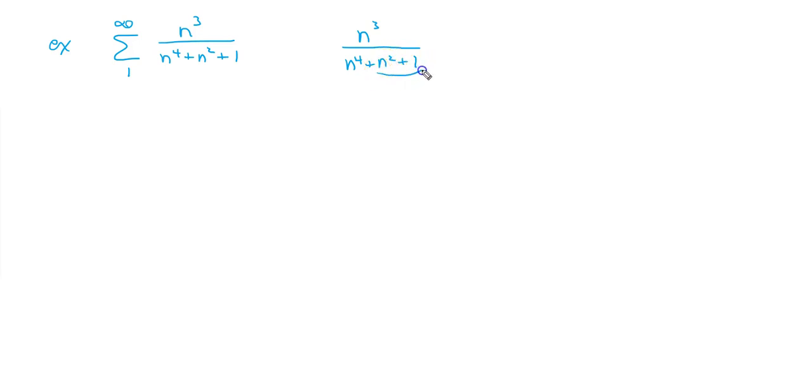So we can basically sort of think of throwing these terms away, and for n sufficiently large, this fraction here will be behaving like n cubed over n to the 4th, which is equal to 1 over n. Now the sum of 1 over n, by the p-series test, notice this is n to the 1 power here. So by the p-series test, this will diverge because the p is equal to 1 in this case. And so this series diverges.